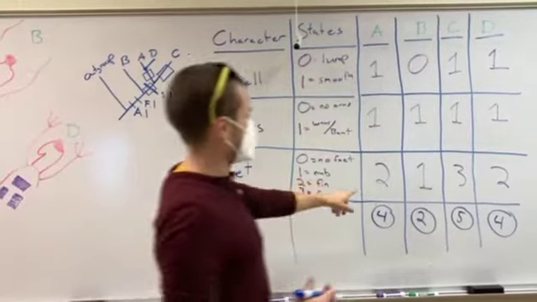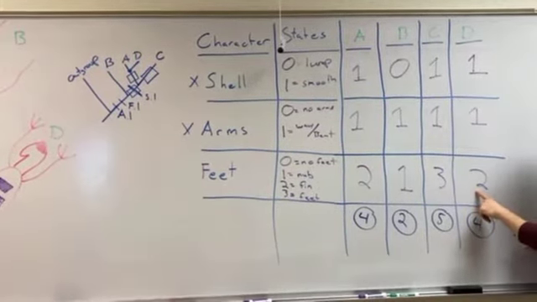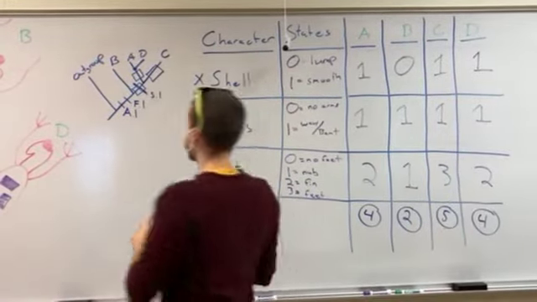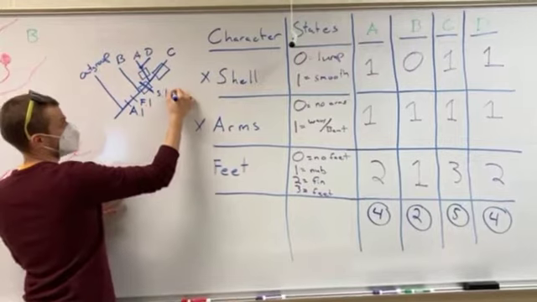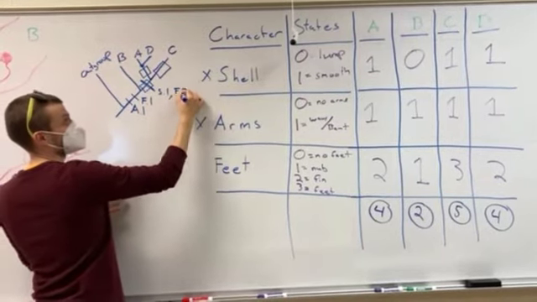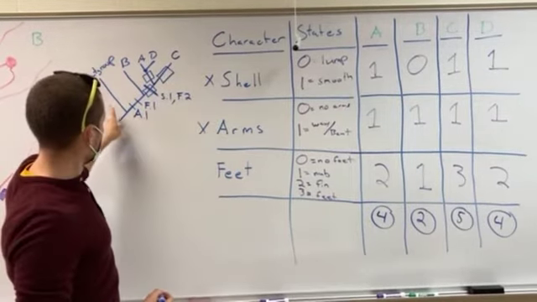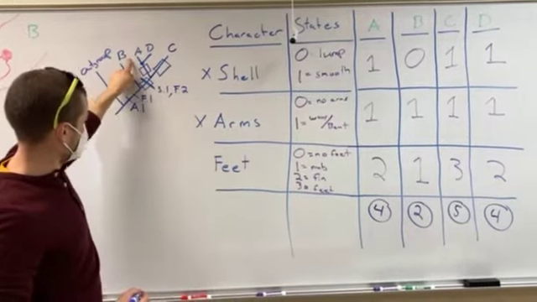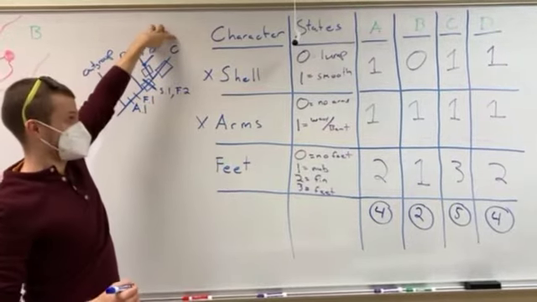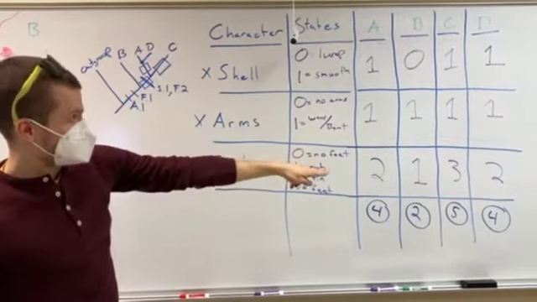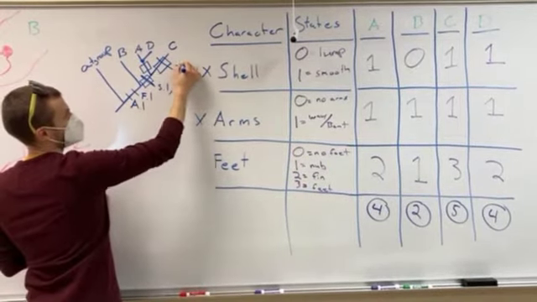Well, we know that they all change from a 1 to a 2 or a 3. So we can put another change adjacent to this shell change of feet changing to the 2 character state. It goes from a 0 to a 1 in B, and then from a 1 to a 2 in A, D, and C. But we know that C has another change of feet 3.